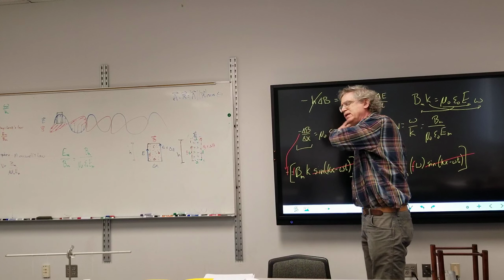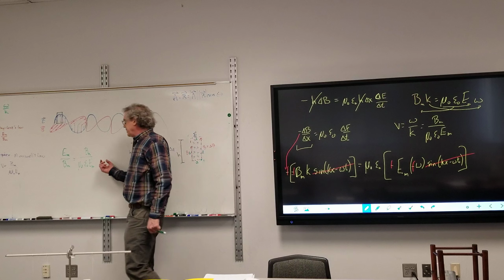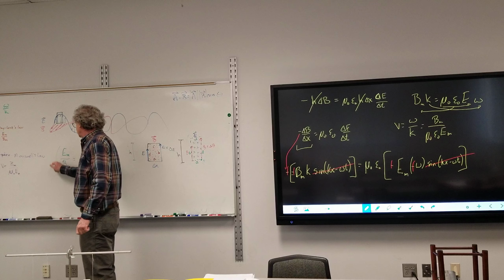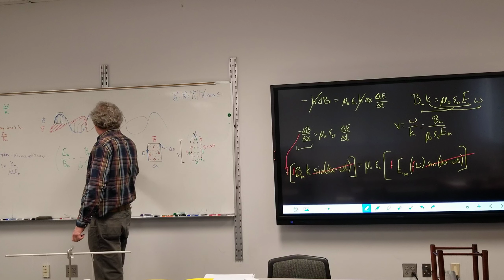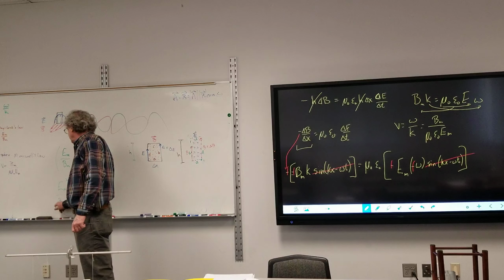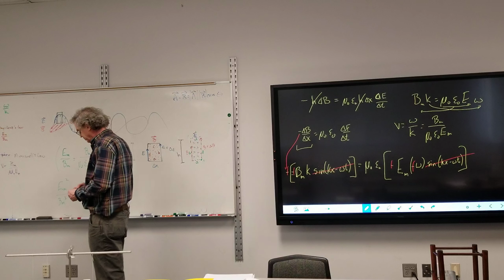I'm going to get all my E's and B's, my amplitudes, onto the left, so I multiply both sides by E_m and divide both sides by B_m. On the right-hand side, I get E_m squared over B_m squared equals 1 over mu sub naught, epsilon sub naught.